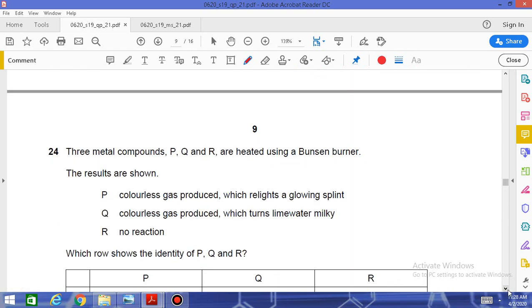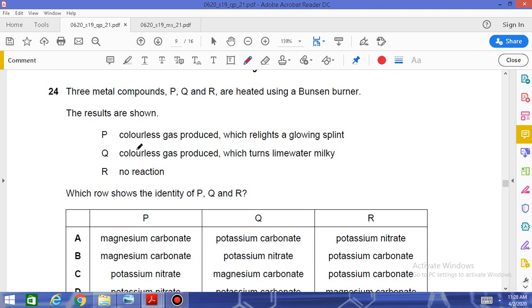24. Three metal compounds P, Q, and R are heated using a Bunsen burner. The results are shown. When compound P is heated, a colorless gas is produced which relights a glowing splint.